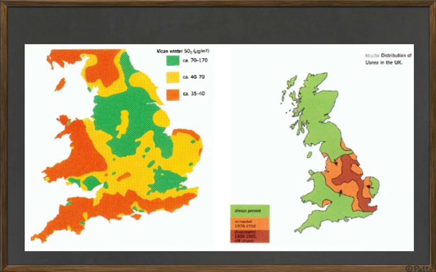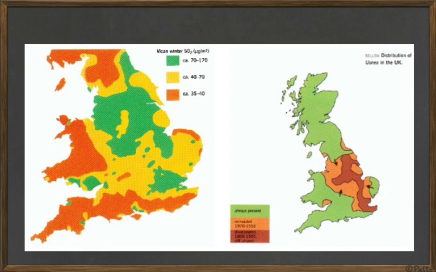On the left, the green areas have more pollution, the yellow less pollution, and the orange even less pollution. And on the right, we have the distribution of this lichen. Apparently, this lichen is not very fond of highly polluted sulfide gases.